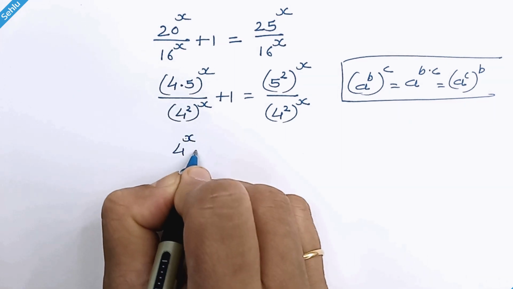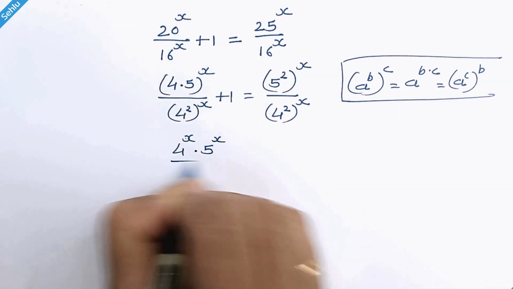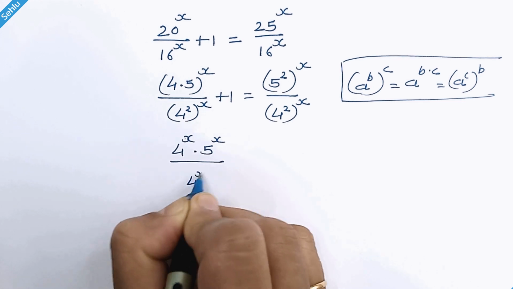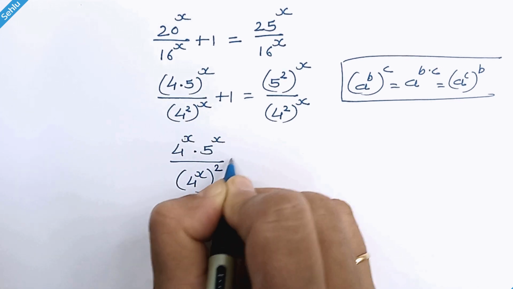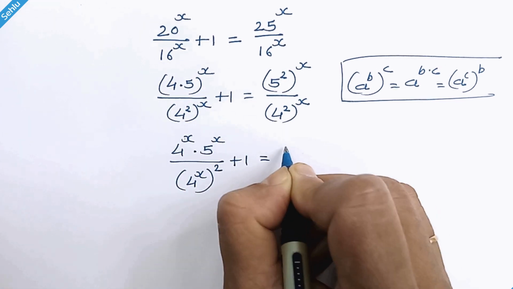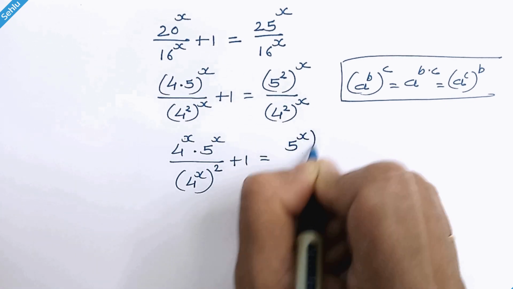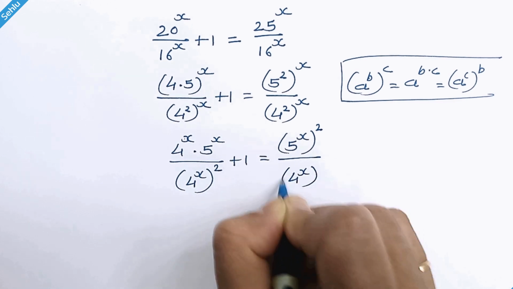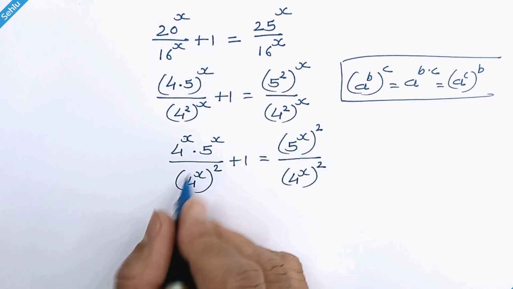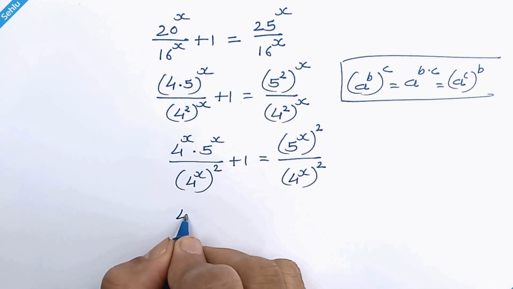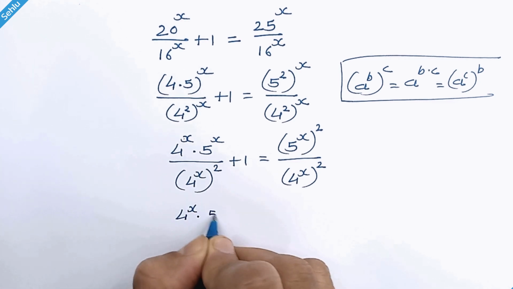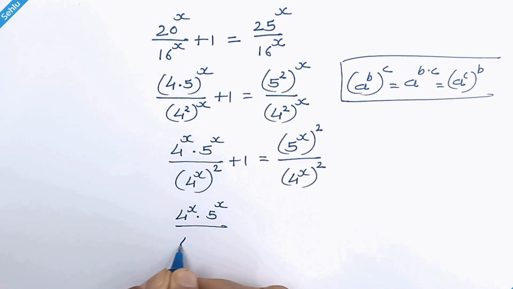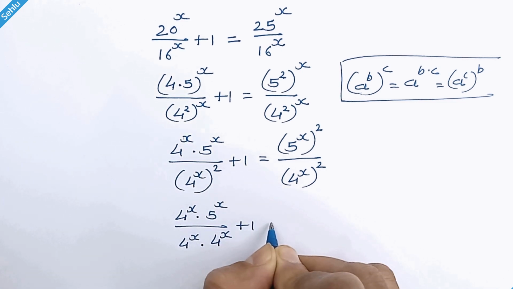4 raised to x times 5 raised to x over 4 raised to x whole square plus 1 is equal to 5 raised to x whole square over 4 raised to x whole square. Now here we can write 4 raised to x times 4 raised to x plus 1.